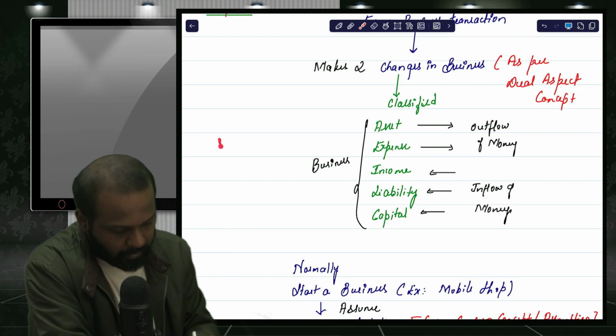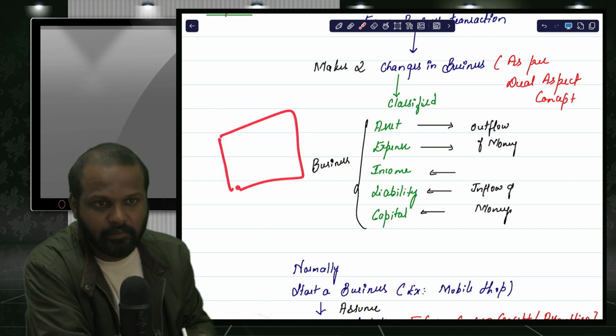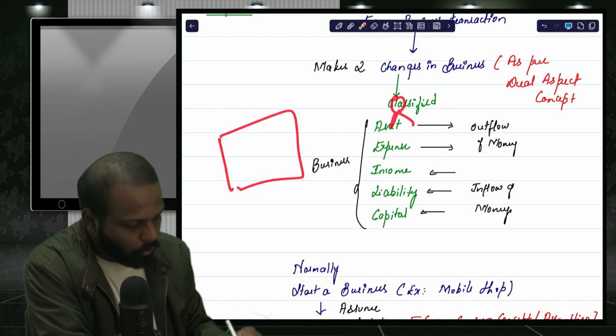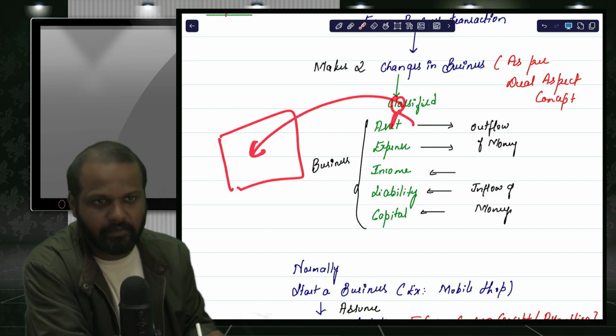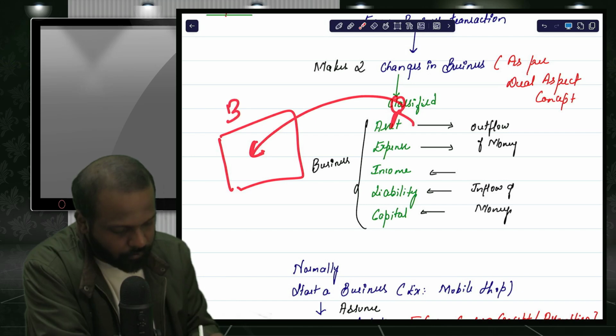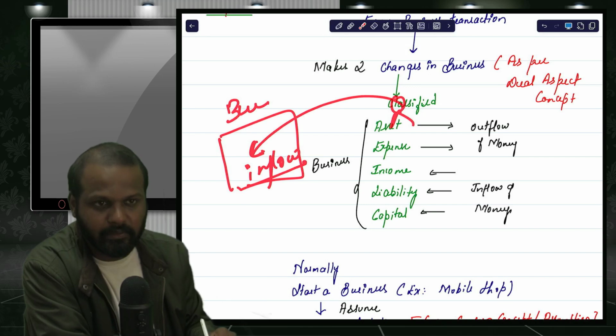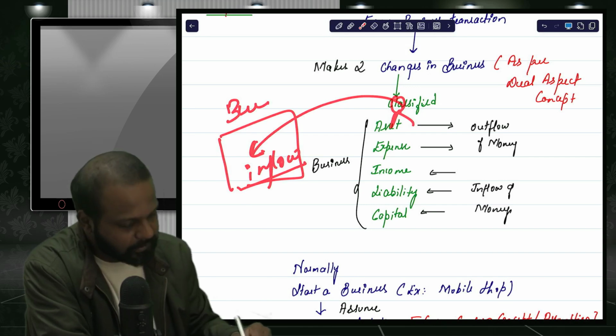Next, let us say there is one particular business and the owner has invested money into the business. If you think from the business point of view, there is inflow of money. Money is coming into the business and this money is being invested by the owner.